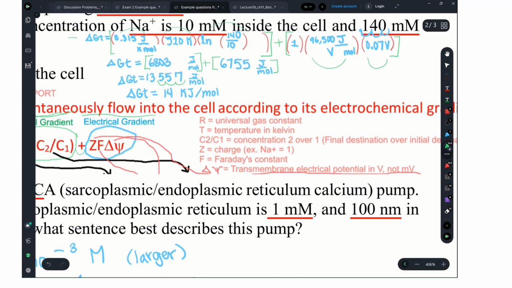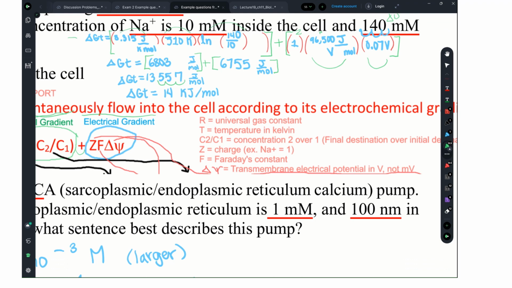Ln of 140 over 10, so this was concentration 2 over concentration 1, and then plus, this was our Z, the charge for sodium was +1. This is F, that's the Faraday constant, 96,500 joules per volt mole. And then this was the transmembrane electrical potential, this guy. So that was 0.07 volts.